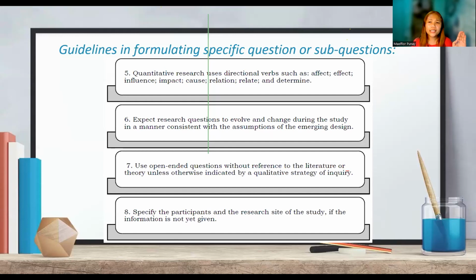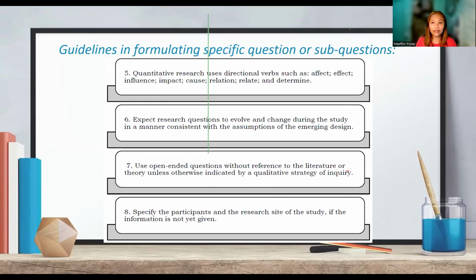Number 5, if it's quantitative research, use directional verbs such as affect, effect, influence, impact, cause, relation, relate, and determine. So the study would determine or this will affect, the study would know the impact or the cause and effect relation of something.